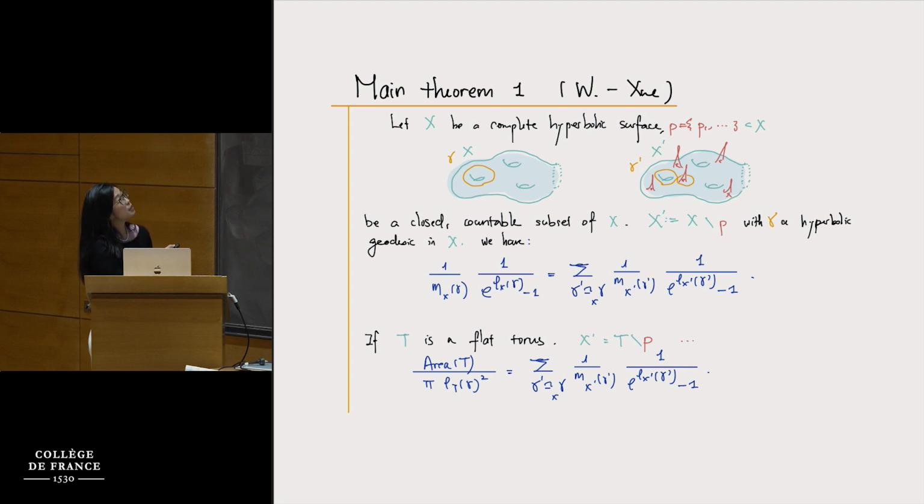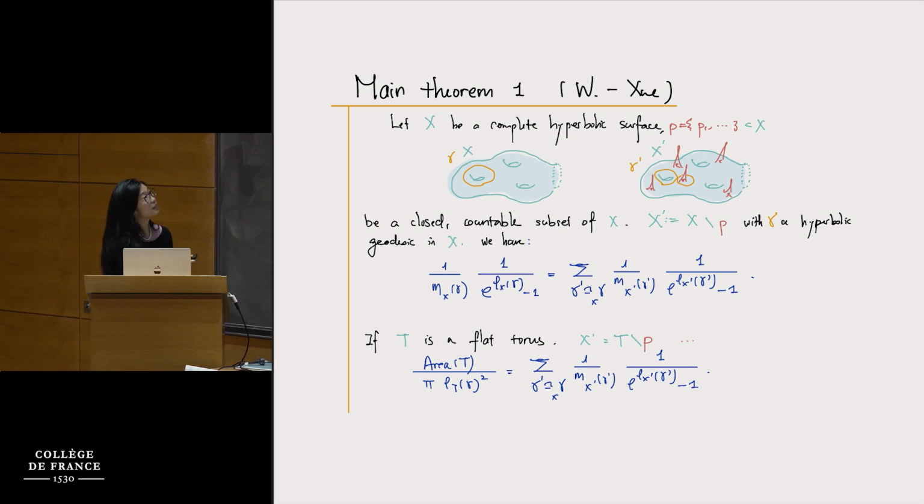If I start with a closed geodesic gamma on the left, I have the following identity. Here on the left, everything is expressed in terms of the hyperbolic metric of X: 1 over the multiplicity of gamma, multiplied by 1 over exponential length of gamma minus 1.